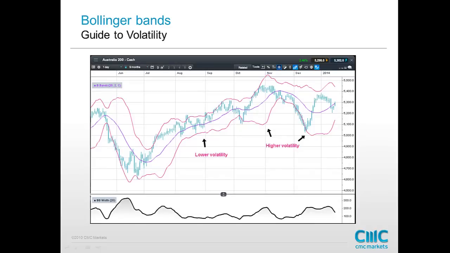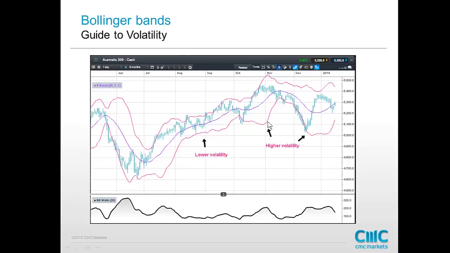One of the neglected uses of Bollinger Bands is that they are a very good, quick and ready guide to volatility. As price volatility increases, the size of a deviation also increases. And so because our Bollinger Bands are showing us 2 standard deviations from the average, they will start to widen as volatility increases.